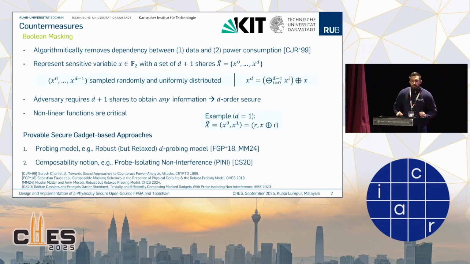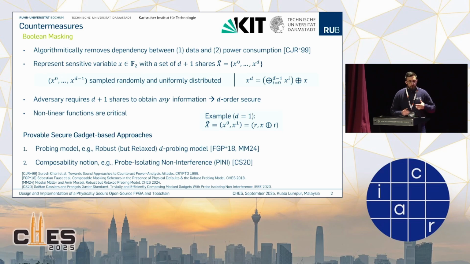So when we deploy some formally secure scheme, we rely on masking. And in this talk, this is Boolean masking, which works in the way that we split a variable into d+1 shares to remove the dependency between the power consumption of the data that is processed and the things that the adversary can observe.